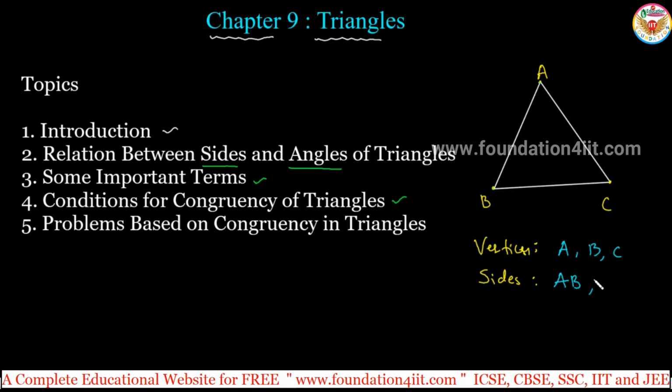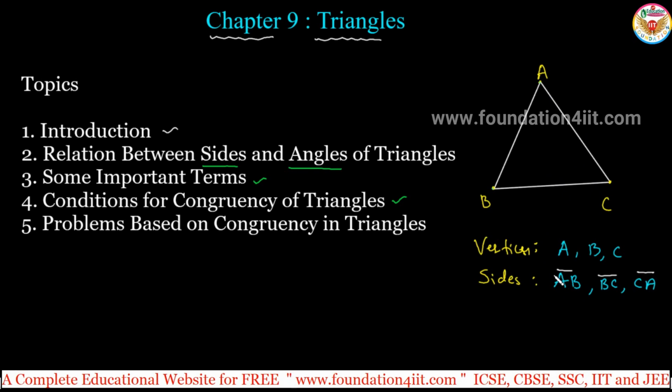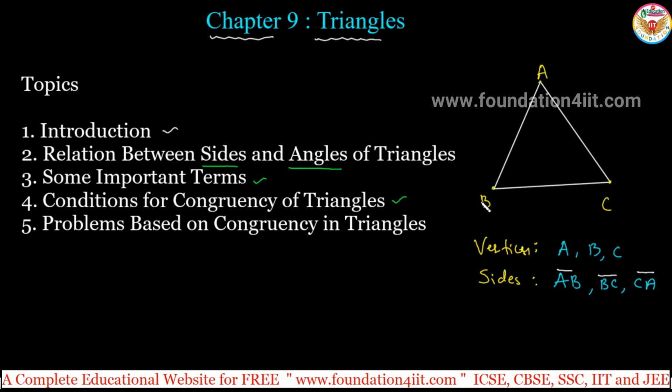A, B, and B, C is a side, and C, A. In books you can keep the line segment notation AB, BC, CA, or without it, just AB, BC, AC. To denote a side, we write two letters side by side, and vertices are the corner points A, B, C. Here there are three vertices and three sides for the triangle.